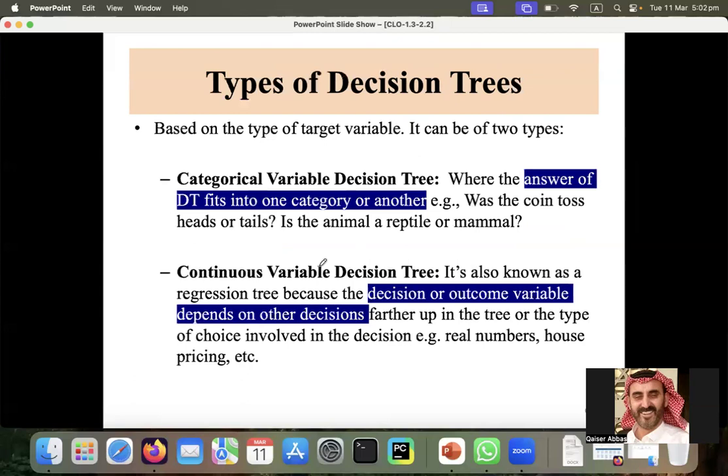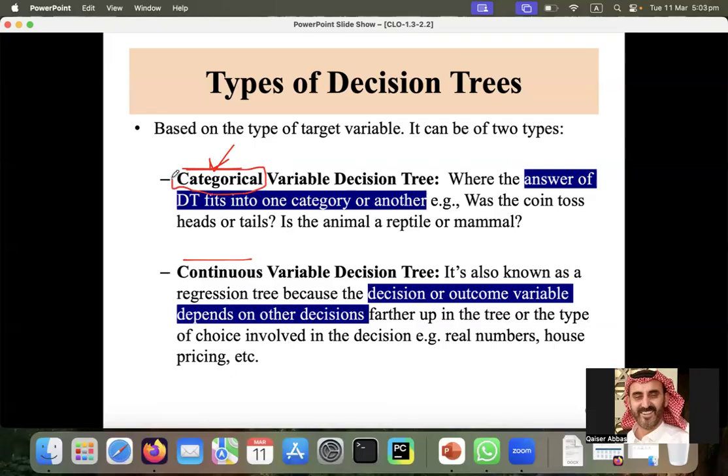Now, what are the types of decision trees in machine learning? There are two types, categorical and continuous. Categorical will handle only those features which have categories.